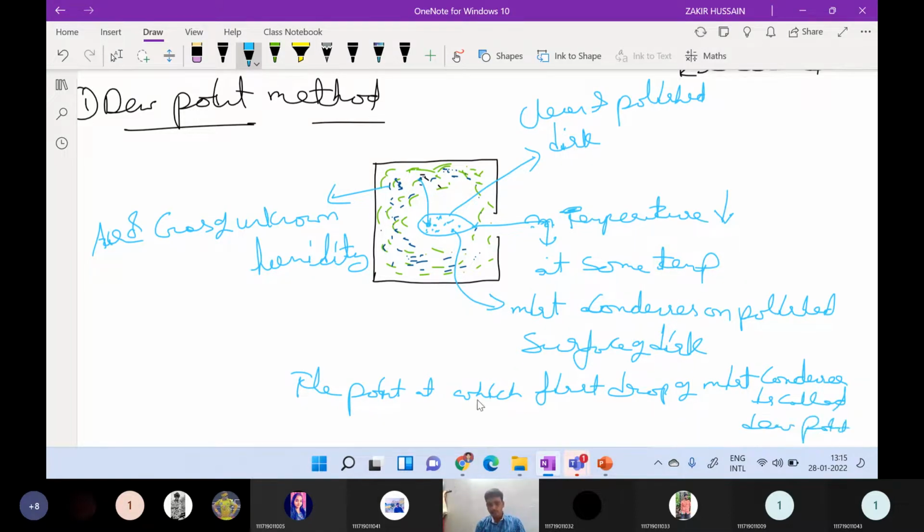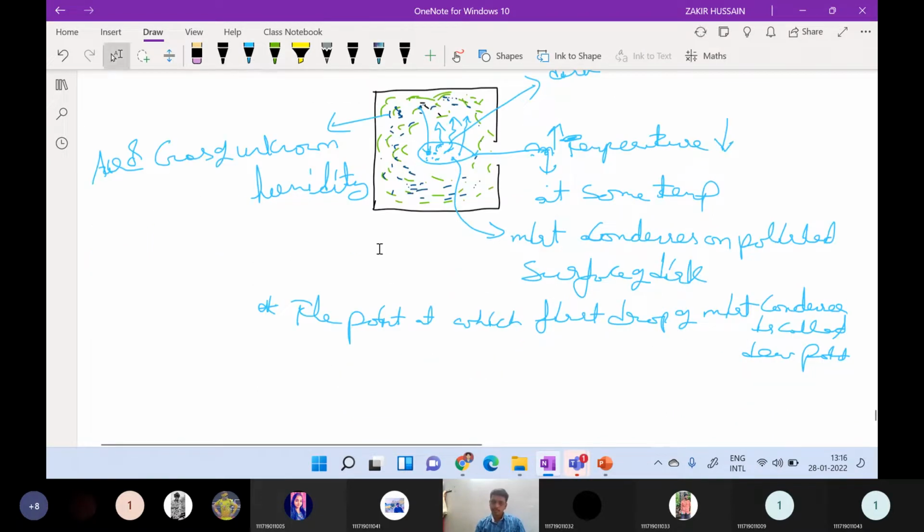Simultaneously, to check whether the dew point temperature we have evaluated is correct or not, in the next run we increase the temperature of the disc gradually. When you increase the temperature of the disc, suddenly this mist will disappear. The condensed water is once again transformed to the vapor phase and goes back into the air.